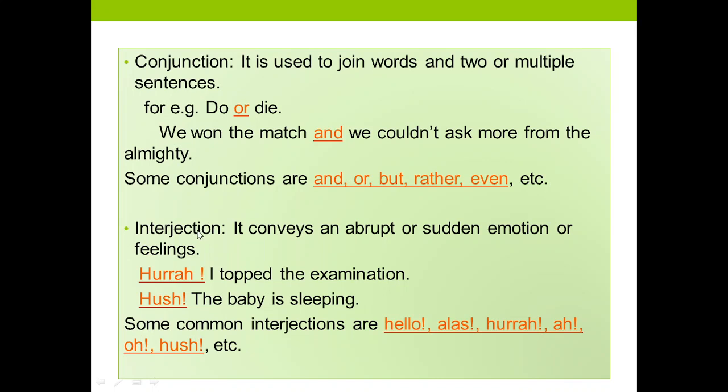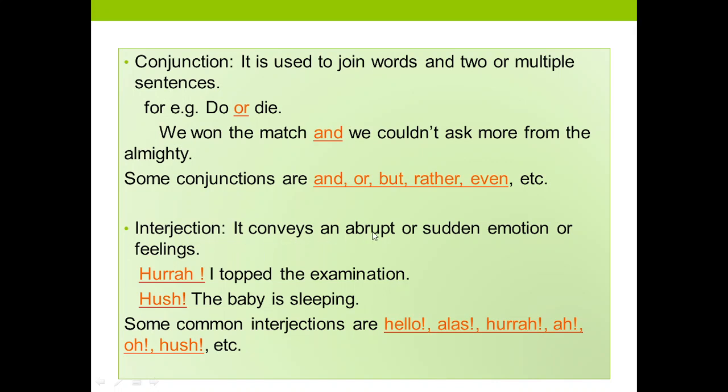Next comes interjection. It is not used much nowadays because in this technologically advanced age, we use emoji on smartphones in place of interjection. So first we will understand what it is.